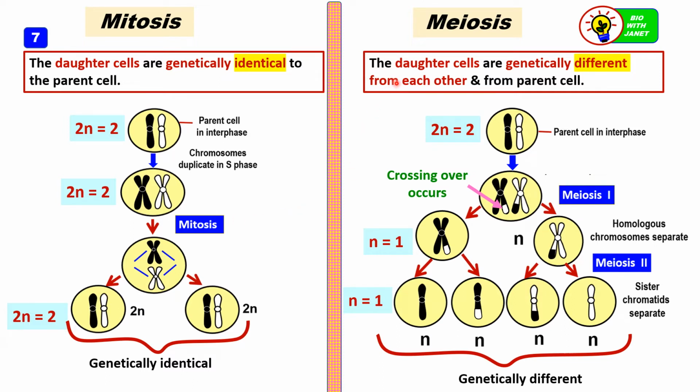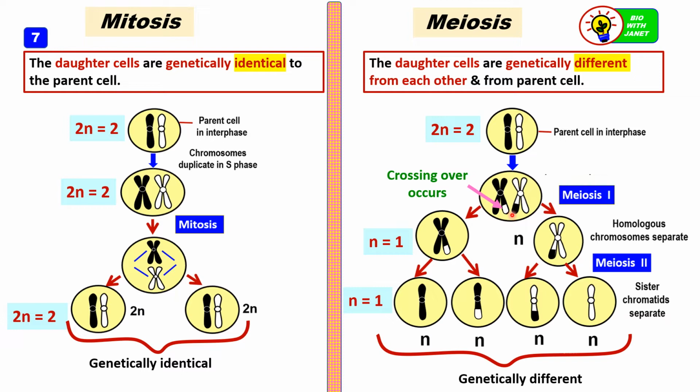However, in meiosis, the daughter cells formed are genetically different from each other and from the parent cell. That is because a process occurs in meiosis 1, prophase 1, called crossing over, where the non-sister chromatids of homologous chromosomes, that means the chromatid from the paternal chromosome and the chromatid from the maternal chromosome, touch each other and exchange genetic material through crossing over.